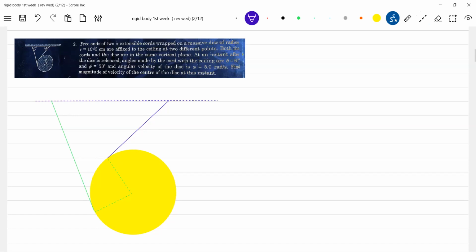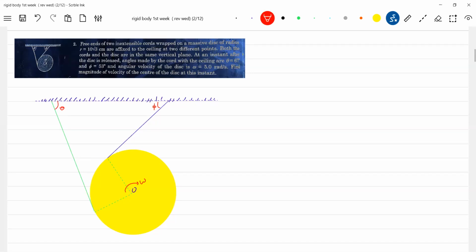Okay, this O is the center of the disk. So what information we have? We have these angles. The disk is given angular velocity omega. It is pinned. Find the magnitude of velocity of center of the disk at this instant. So what we have, only three things. We know angle theta, phi, and angular speed, 5 radian per second, that is clockwise.